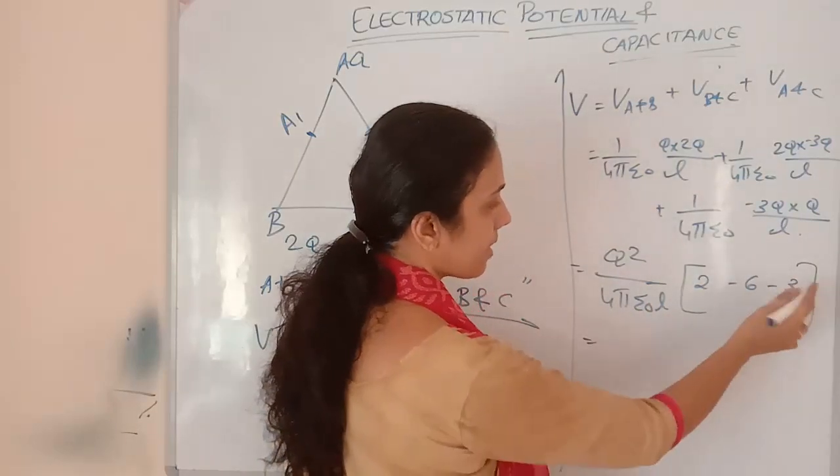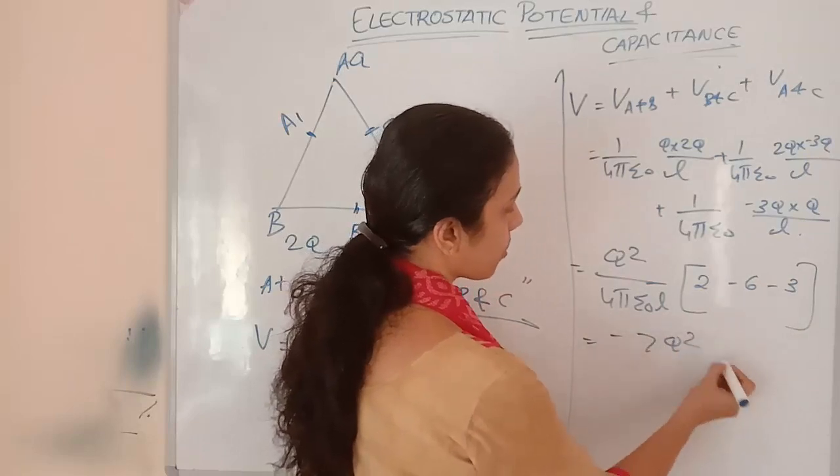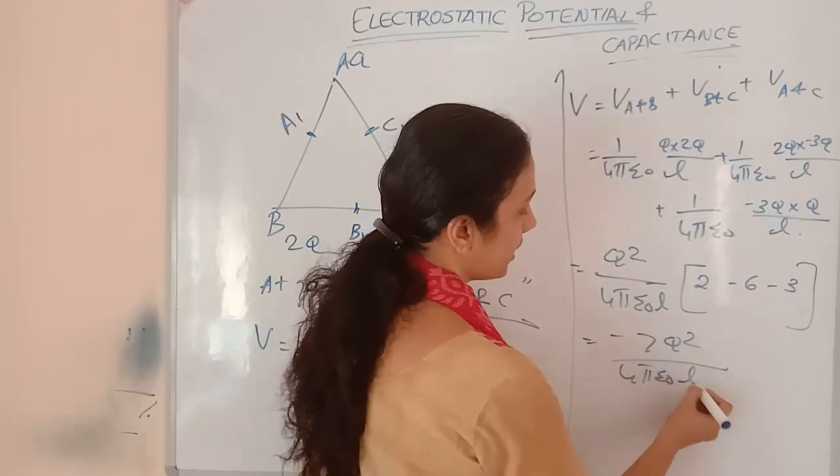So we will get -7 Q square by 4 pi epsilon 0 L.